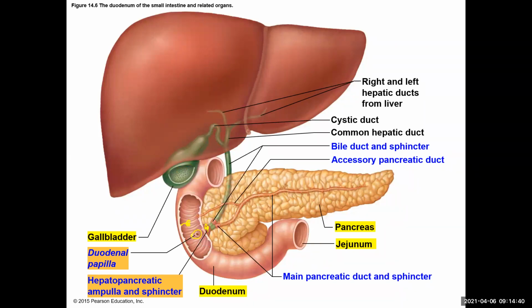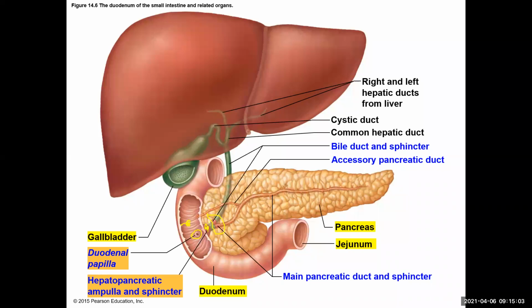So how much to release and when to release is decided by a sphincter here, which contracts and relaxes depending on whether we want to release the pancreatic juice or the bile or not. And this sphincter is controlled by a hormone.